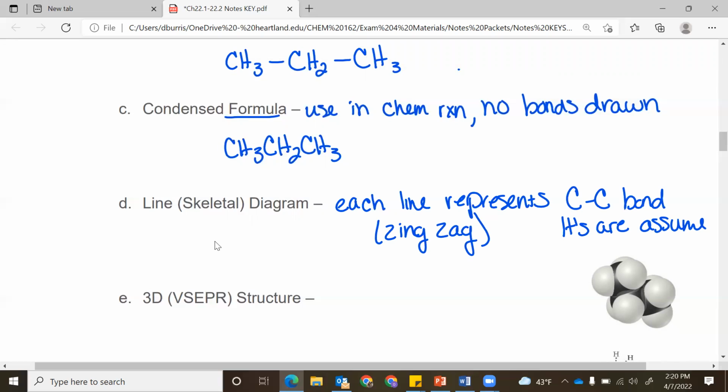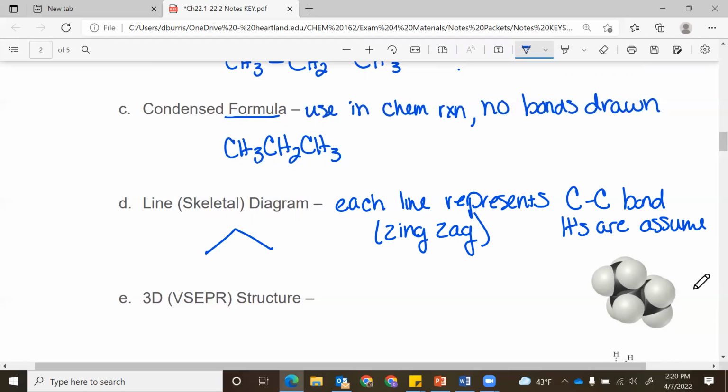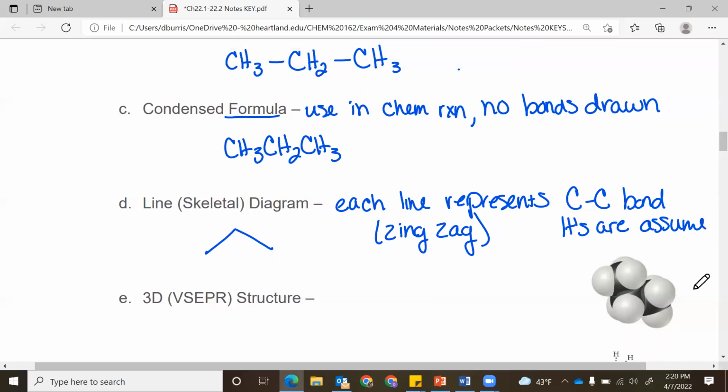So if I have 3 carbons, a line diagram for that is this. Each line represents a carbon-carbon bond, so this is a carbon, this is a carbon, this is a carbon, and we assume there's enough hydrogens on there to make 4 bonds. So that is the skeletal drawing.